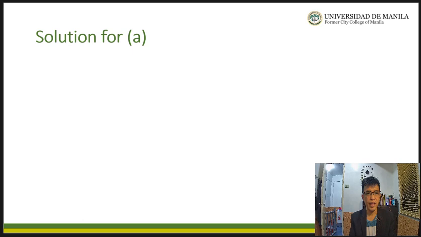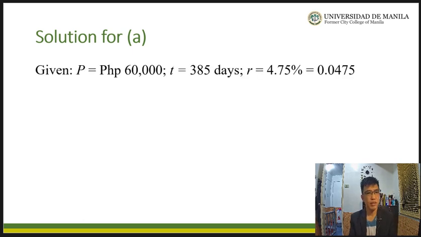So for letter A, again, let us define first our given such that the principal is 60,000 pesos. So tingnan nyo ha, the simple interest here does not only apply to borrowing, but also for investment. Okay, kaya nga tinawag siyang entrepreneurial mathematics.